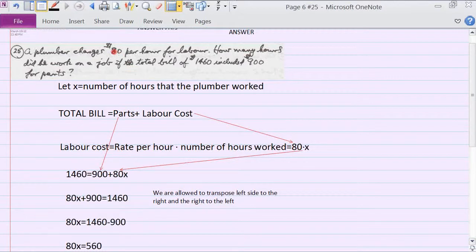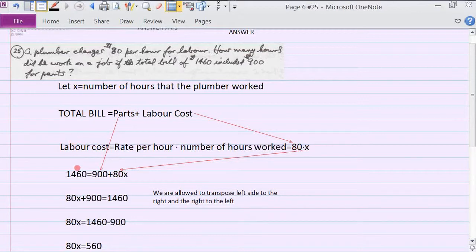So we know that he charges $80 per hour, and the total labor cost is determined by multiplying his rate per hour times the number of hours worked. So for example, let's say he worked 5 hours at $80 per hour. His labor cost would be 80 times 5, or $400. If he works x hours, it's going to be 80 times x. So there's his labor cost.